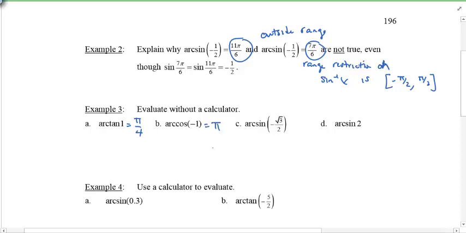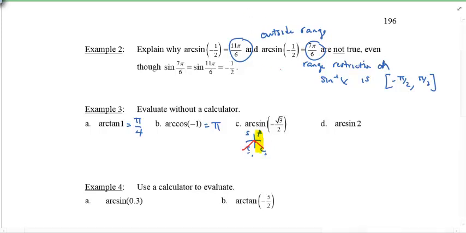In this case, what angle with a sine ratio equaling negative root 3 over 2 is this? And in this case, you can think about where sine is negative, root 3 over 2. Well, unfortunately for us, there are two answers, but the only one that works is the one that's in our range, which is from negative pi over 2 to pi over 2.